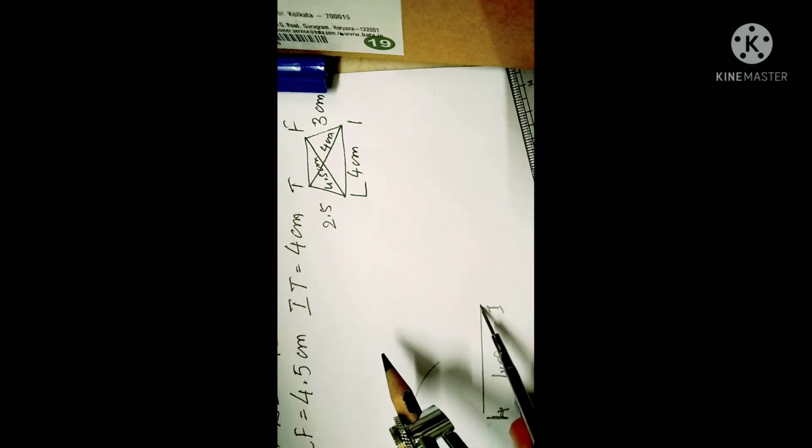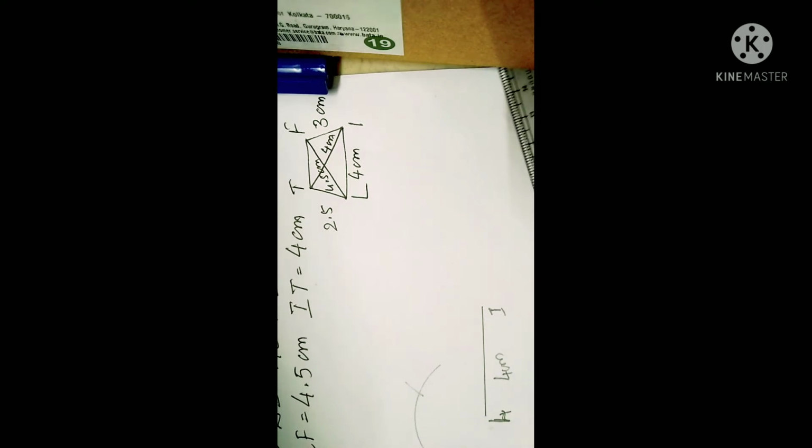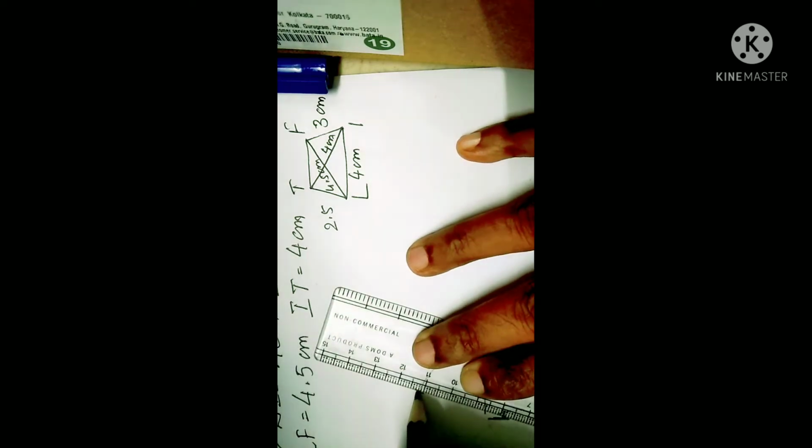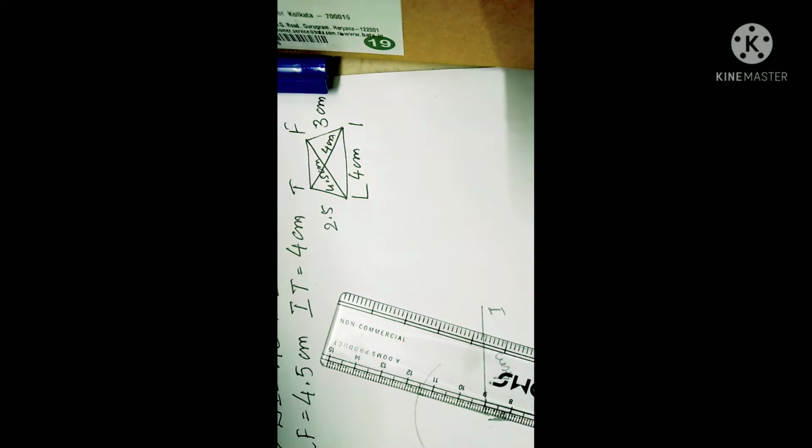So, take 4 centimeter and from I cut another arc. So, this point is T. So, join T to L and T to I.